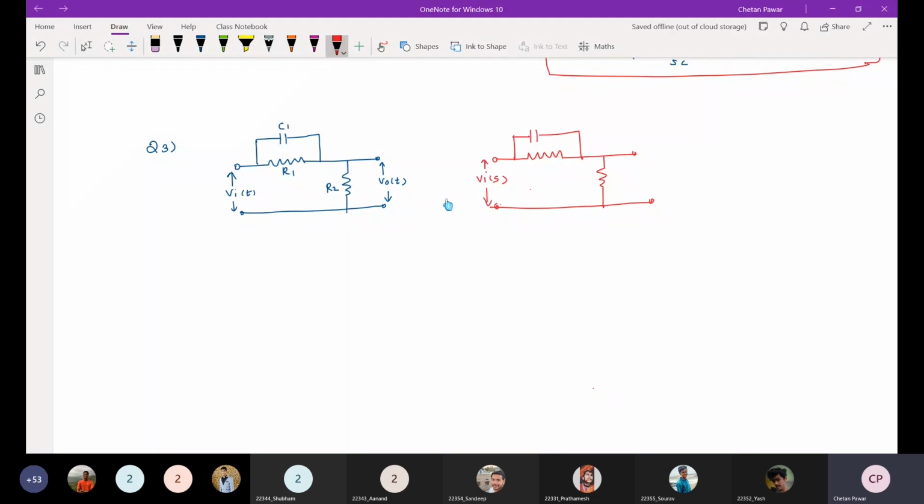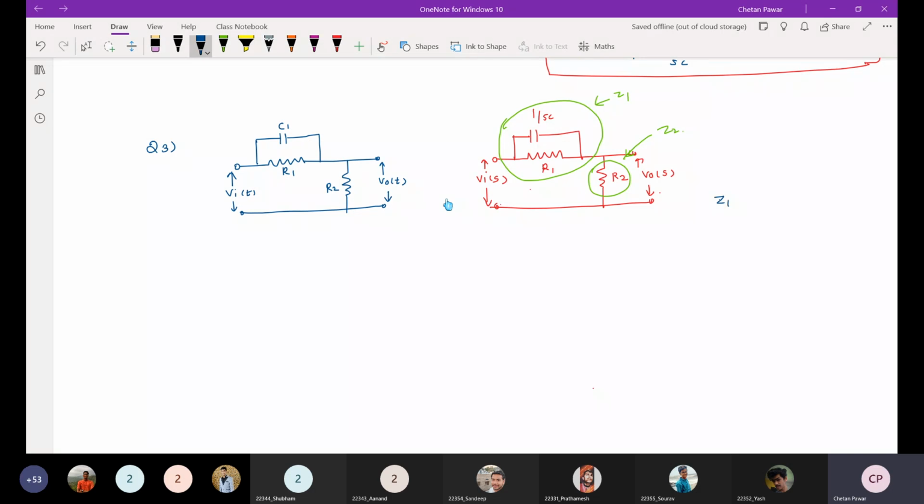Vi of S, V naught of S, then R1, R2 and 1 by SC. Similarly, if I say this as Z1 and this as Z2, it is the same circuit, potential divider. But here Z1 is what? That is a parallel combination of this capacitor and this resistor, right?